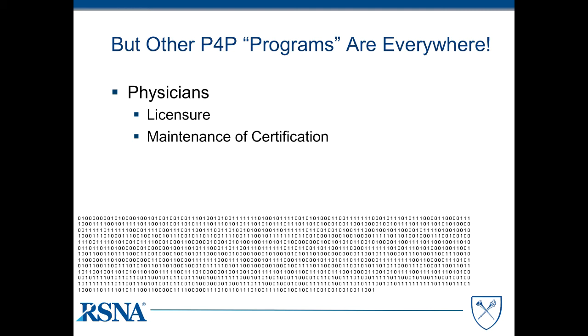If you're not licensed to practice, no payers will pay for your services. And there are some legislative initiatives in a few states that are brewing now, pushing to make your maintenance of certification mandatory, meaning that if you don't dot your I's and cross your T's related to whatever a certifying board wants you to do each year, your license might be in jeopardy. And so, no maintenance of certification participation could mean no ability to bill payers.